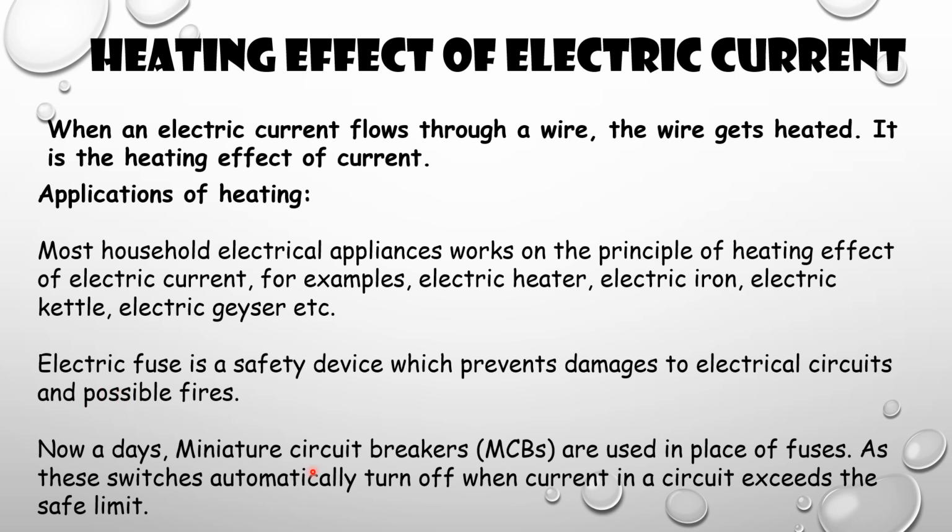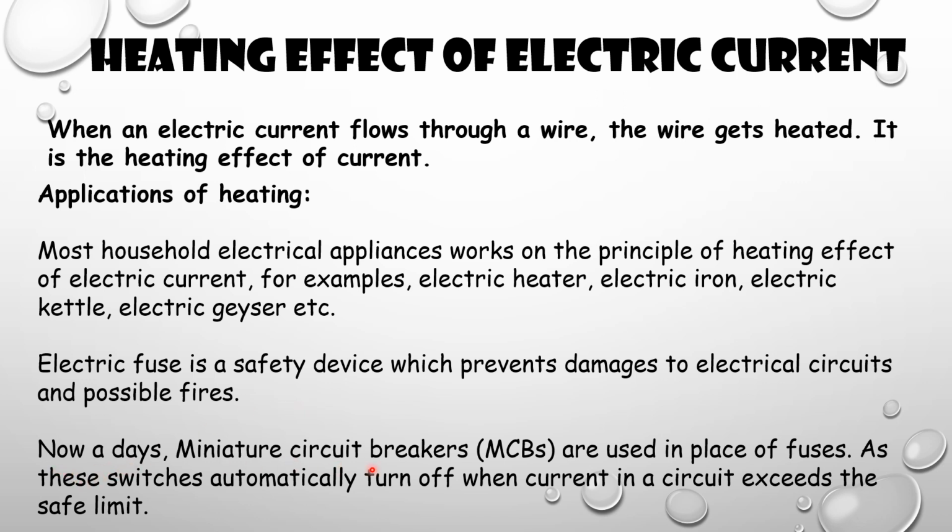So you know the fuse in our electrical circuit. So whenever the amount of electricity is more, at that time the electric fuse acts. So at that time the filament inside the fuse breaks, and that saves our electrical devices.